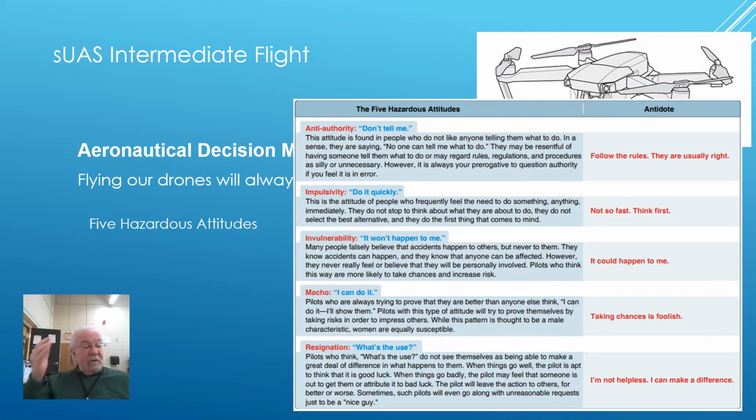There's the anti-authority, which is basically, and you can read it yourself. I mean, it's in the Pilot Handbook of Aeronautical Knowledge, but we'll just review it since we're here anyway. Anti-authority is just don't tell me what to do. Now, pretty much all Americans fall in this category.